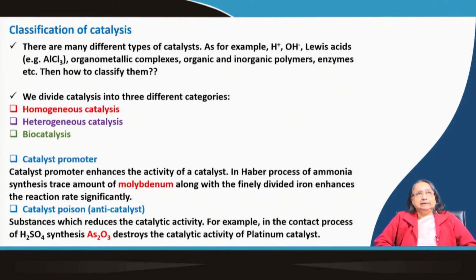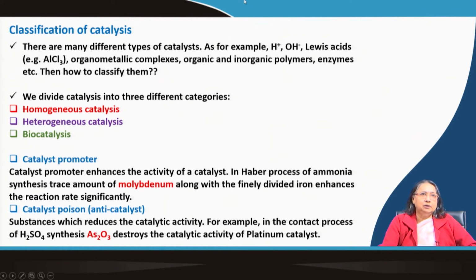Now, classification of catalysis. There are many different kinds of catalysis. Catalyst like H plus, acid catalyzed reactions we have seen, base catalyzed reactions also. Lewis acids, see, aluminum chloride, you already know this from the acid base chapter, where I told what is Lewis acid, what is Lewis base.